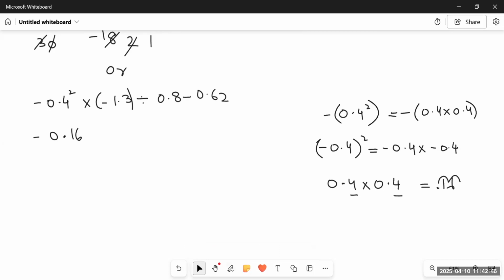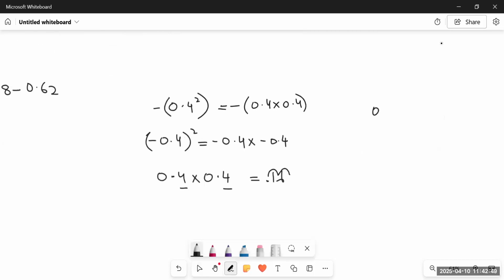Or you can check whether we have got the correct answer by multiplying it. 4 fours are 16. Then here comes cross 0, 0, so it will be 0, 1, 6. Then 1, 2. So you put your decimal over here and it becomes 0.16. So you see?